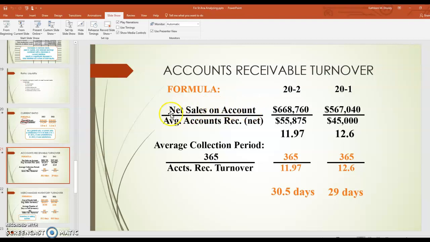A lot of times you won't have this number, so just use the total net sales. And you're going to divide that by the average accounts receivable. And to get that average accounts receivable, we take the beginning accounts receivable and add the ending accounts receivable and divide by 2.